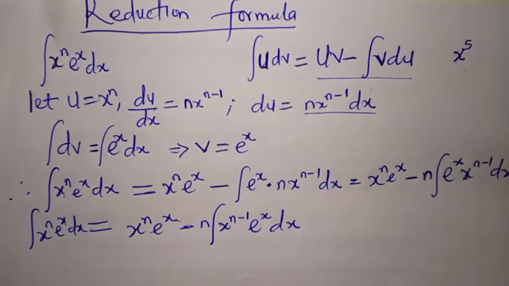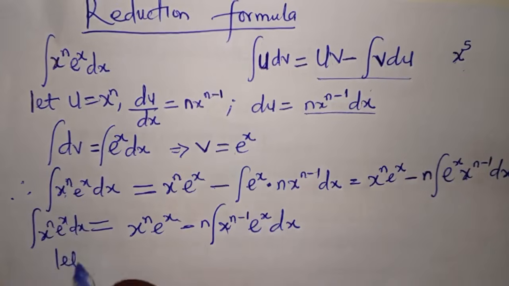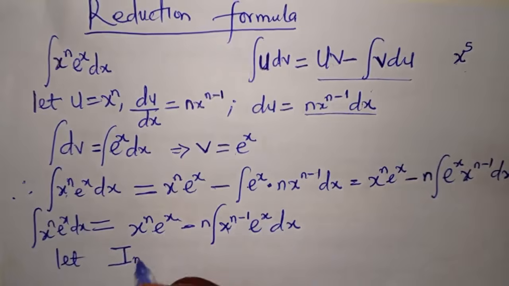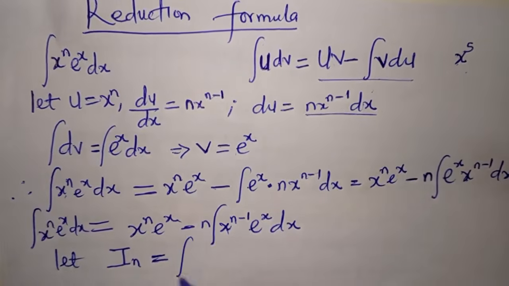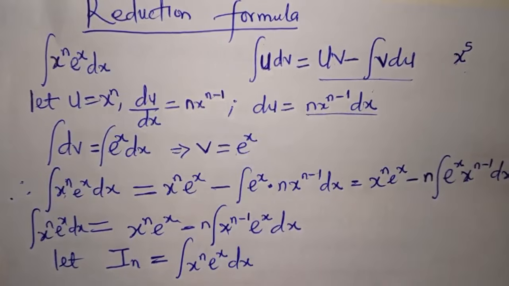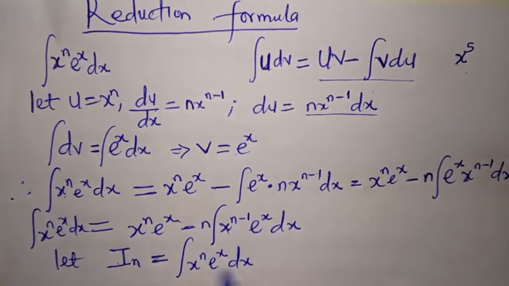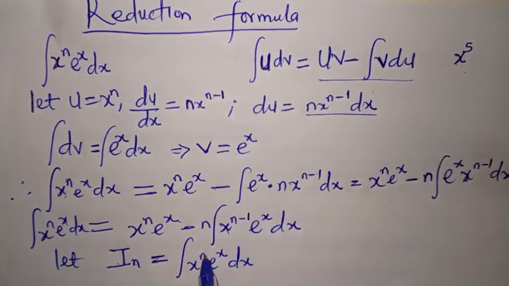Now, it is called a reduction formula. So we don't have to integrate this anymore. We just have to determine a pattern that will work for it. Let I sub n be equal to this integral, the question we are given, the integral of x to the n e to the power of x dx. If we check this integral, it is similar to I sub n, just that in place of n here, we now have n minus 1.